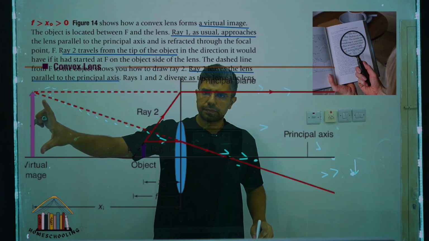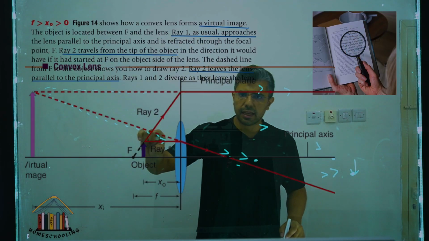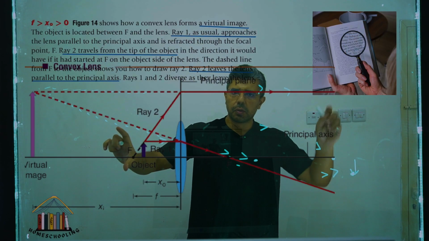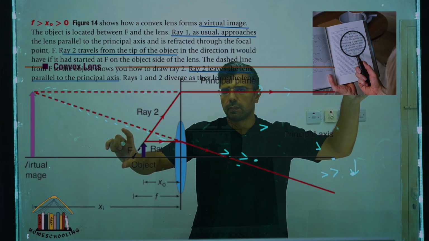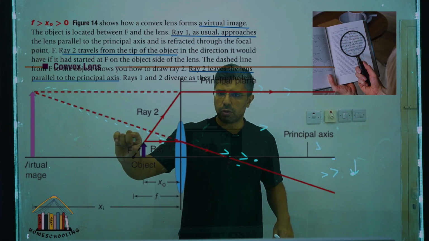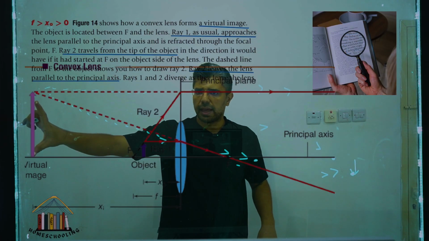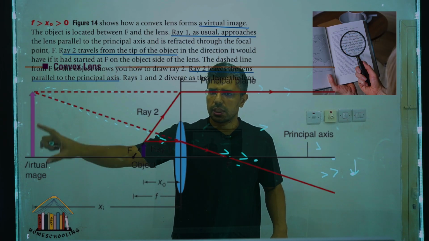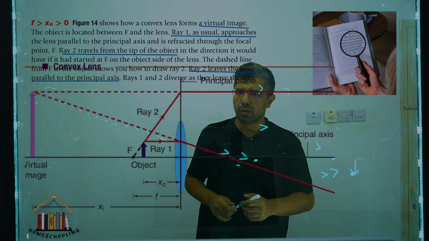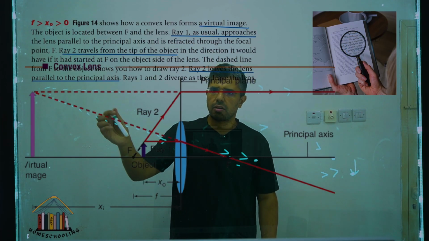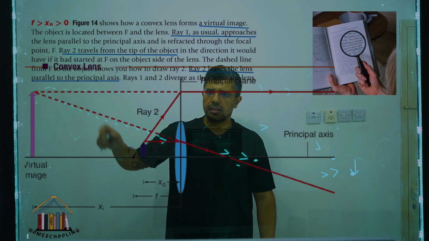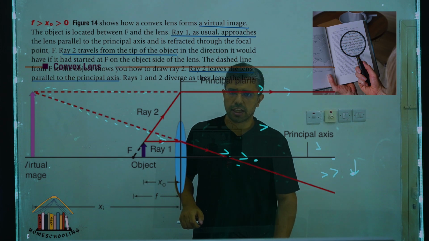The image is way bigger than the object itself, and that's how the magnifier works. We have a small object, it's magnified, and we now have it bigger. That's why we see the image as bigger. That's one of the functions of convex lenses.